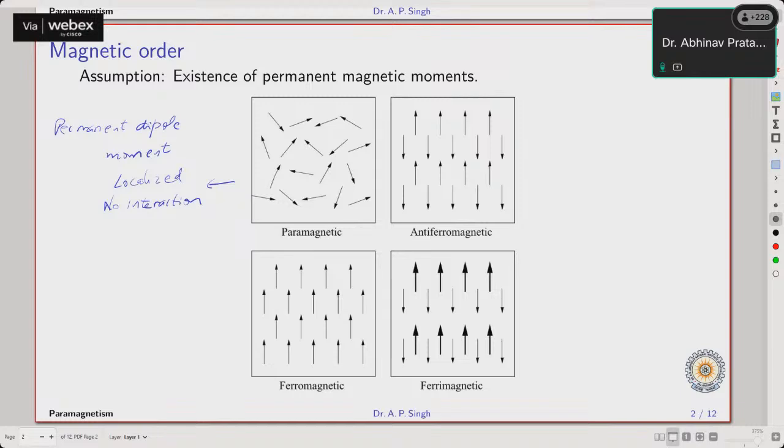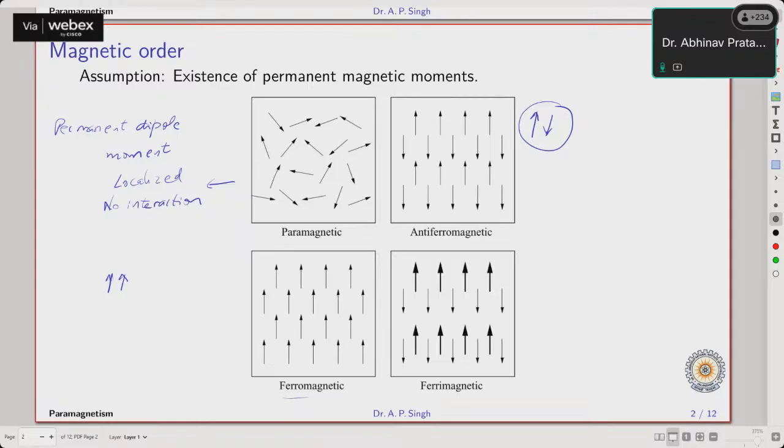So if the interaction is such that they favor parallel alignment, then those kinds of material are ferromagnetic. If their interaction is such that if one of them is pointing up, then the next one will be pointing in the downward direction, such that the net magnetization is zero, in that case, we'll call those materials antiferromagnetic.